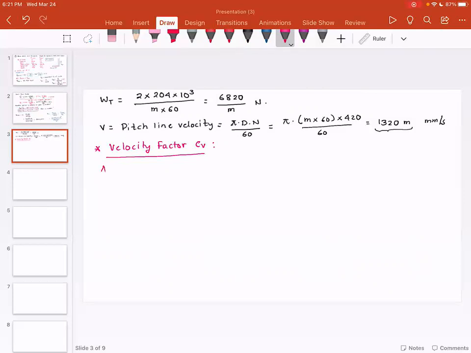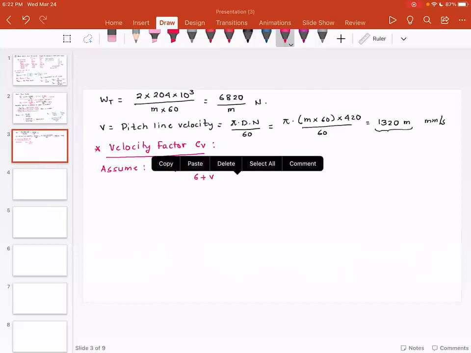I'm going to assume, and I could be wrong, CV is equal to 6 divided by 6 plus V, and see what velocity factor I get.